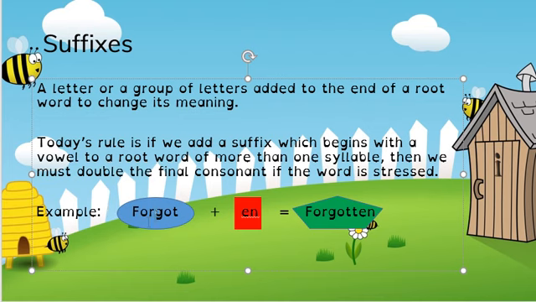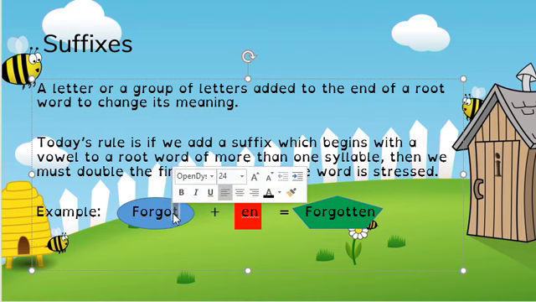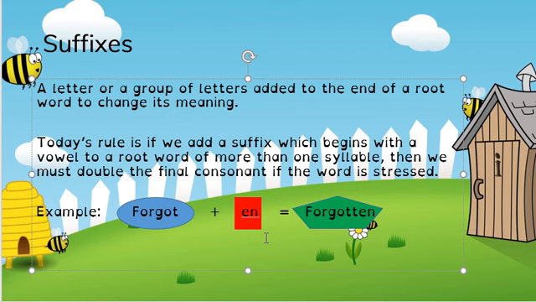So in my word here, one of my syllables will be unstressed and one of my syllables will be stressed. And if you say the word forgot, is for stressed or is got stressed? Well, got is much more stressed because actually my voice goes up in pitch. Forgot. So got is stressed. So then when I'm adding my suffix, en, I have to add another T to my root word.